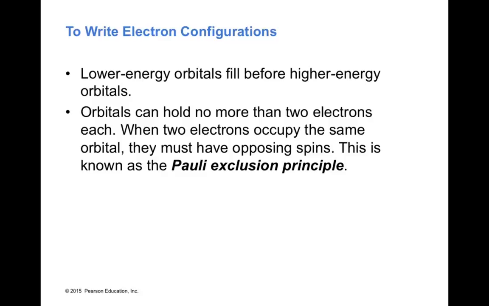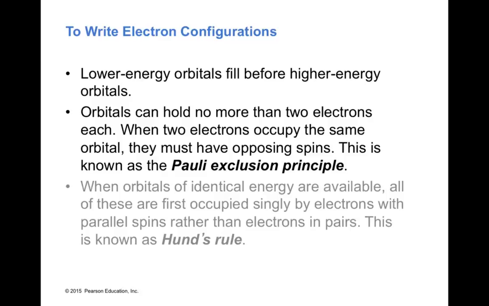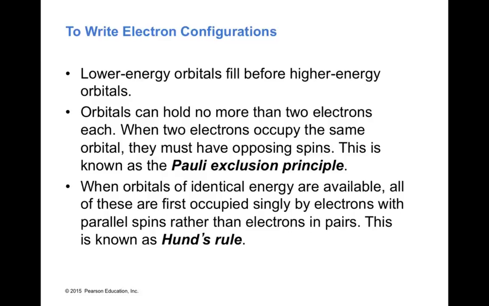Most of the time we use the half arrow. This is known as the Pauli exclusion principle. And when orbitals of identical energy are available, as for example the p orbitals that we have 3 of or the d orbitals that we have 5 of, all of these are first occupied singly by electrons with parallel spins rather than by electrons in pairs.